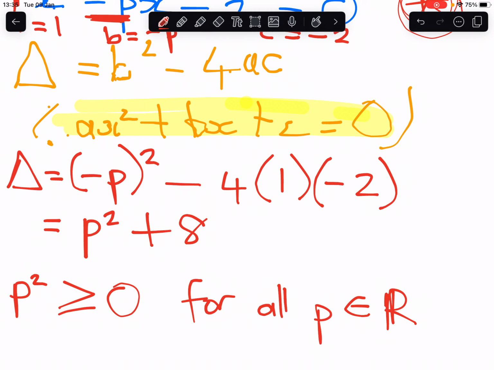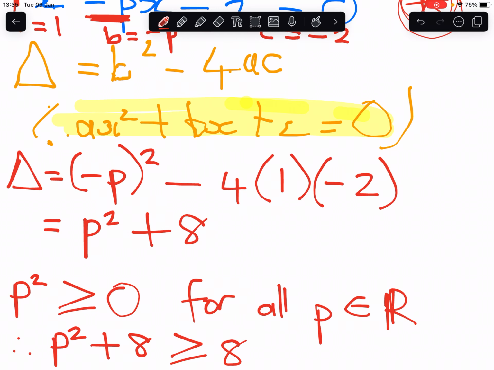If you square 0, you get 0. If you square a negative number, negative times negative gives us a positive. So p squared is always going to be at the very least 0. And if you add 8 to that, that's like adding 8 on both sides of the inequality that we started with. So p squared plus 8 is always going to be greater than or equal to 8.